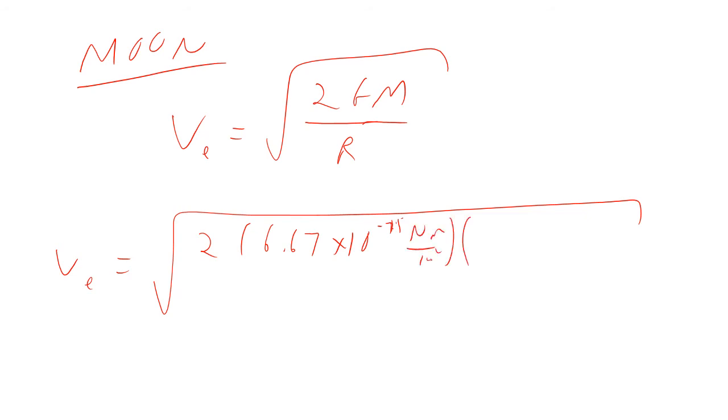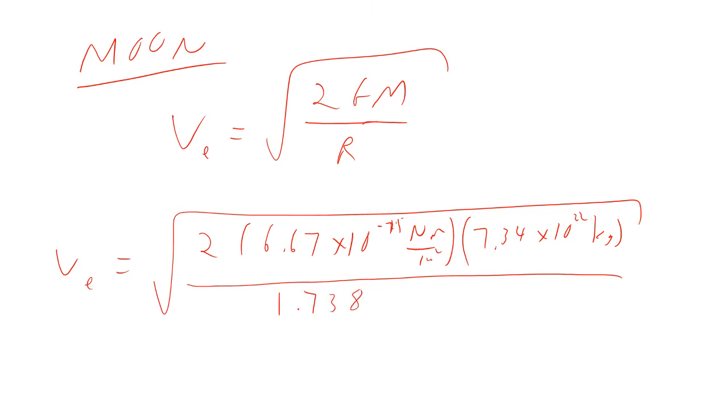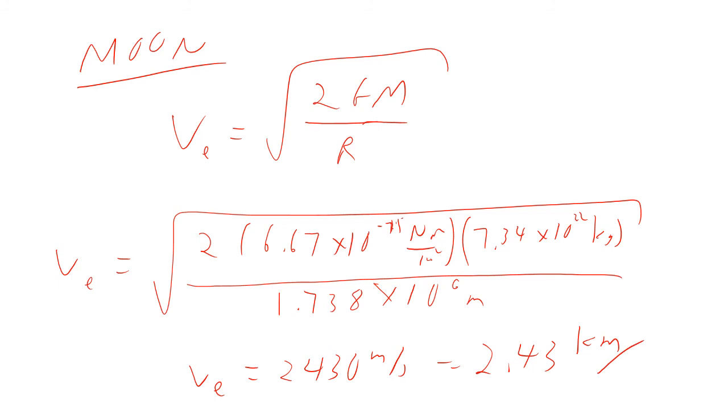The mass of the moon is 7.34 times 10 to the 22 kilograms. And the radius of the moon is 1.738 times 10 to the 6 meters. And so we find the escape velocity of the moon is 2,430 meters per second, or in other words, 2.43 kilometers per second.